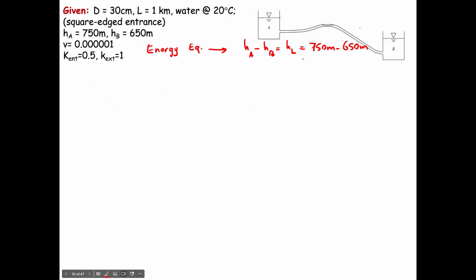Yes. And it means that HL is 100 meters. Now I'm going to expand it. HL is equal to F L over D plus K of entrance plus K of exit, multiplied by the velocities.